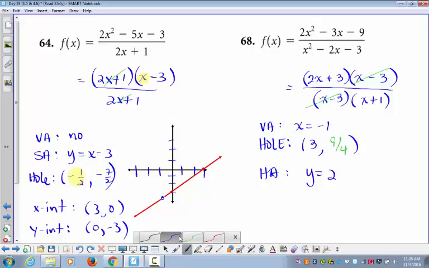If you look at the reduced function, the numerator and denominator both have a degree of 1, and the quotient of leading coefficients is also 2. So it doesn't matter where you look. You can look at the reduced one. Anyone get an x-intercept? What's the x-intercept?